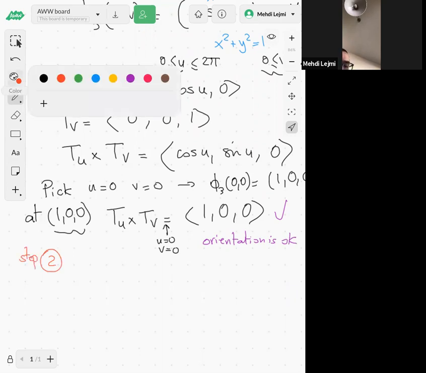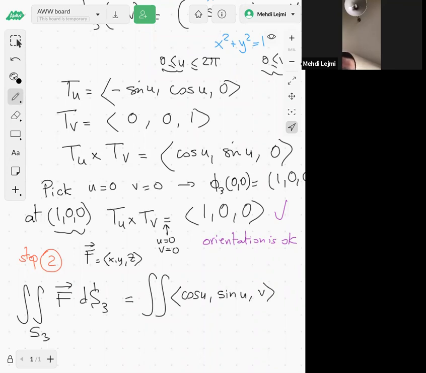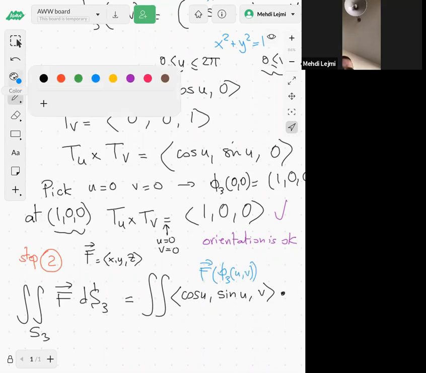So we can evaluate our double integral, the flux of F along this surface S. The vector field F is just equal to (x, y, z). The parameterization we said is cosine of U, sine of U, and V. So X is cosine of U, Y is sine of U, and Z is V. That's my vector field F. So this is F of the parameterization, scalar product with T_U cross T_V.